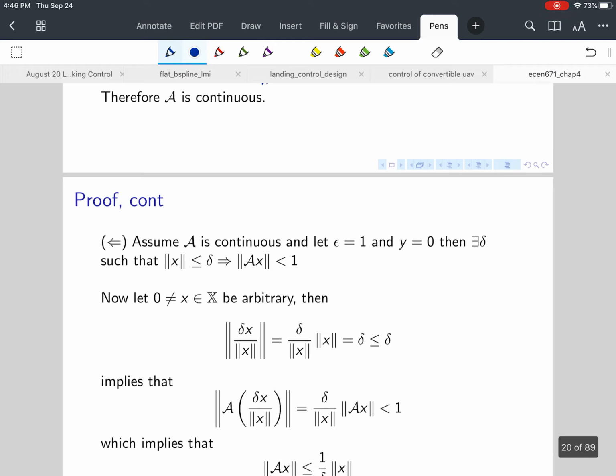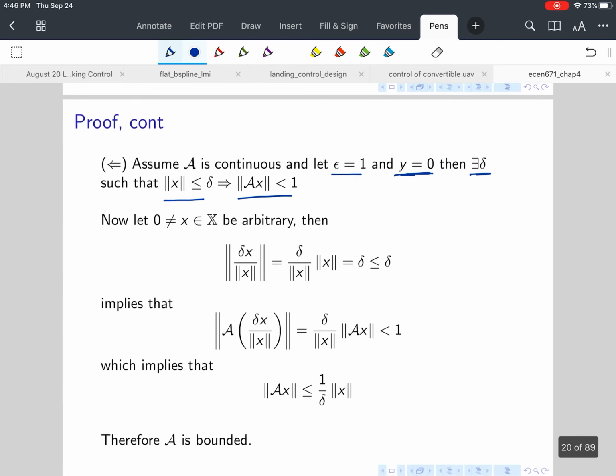So let's go ahead and pick an epsilon and a y. If we let epsilon equal 1 and y equal to 0, then we know that there has to be some delta, so that when the norm of x is less than or equal to delta, the norm of A x is less than epsilon, which is 1.